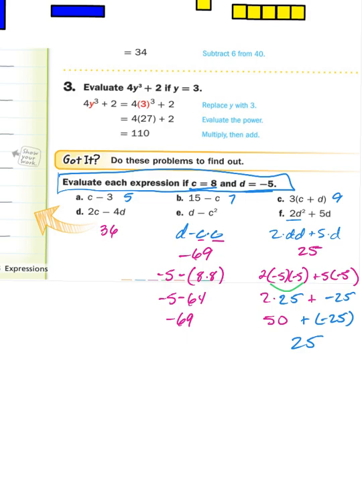If all you see is these numbers, that makes no sense as to what you just did. But if you had all of this and included that you're evaluating each expression, then it makes more sense and it's going to help you in the future when you're trying to evaluate something.